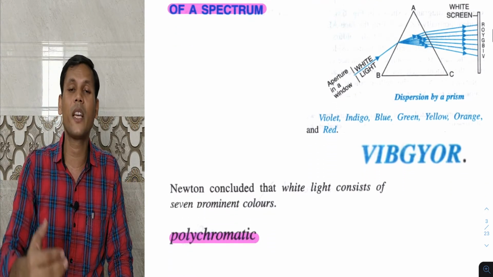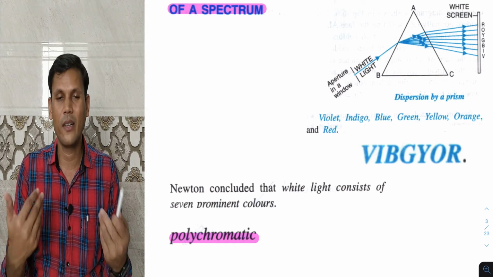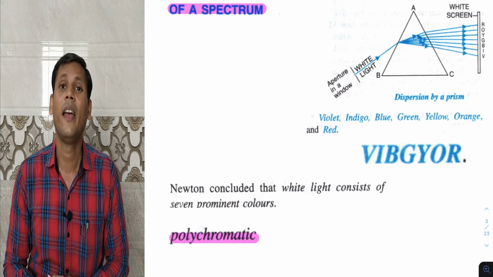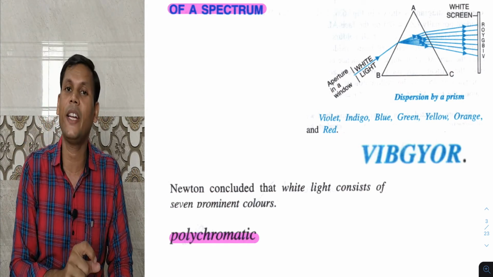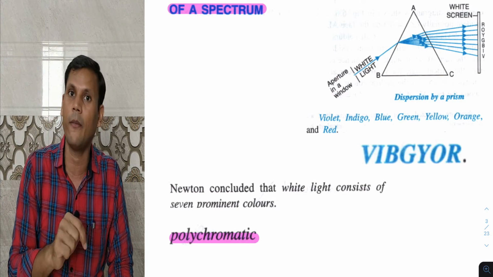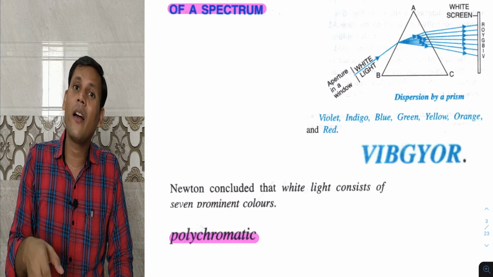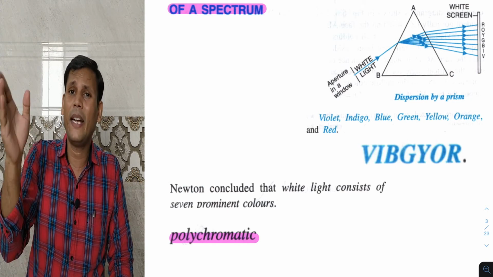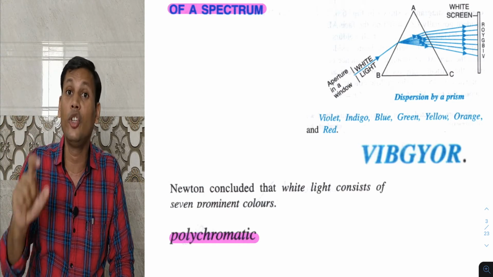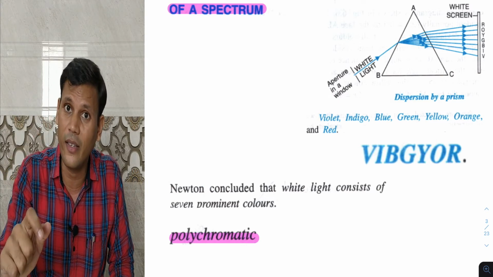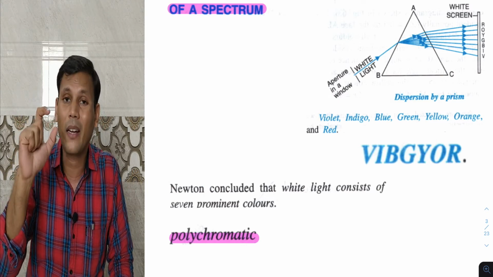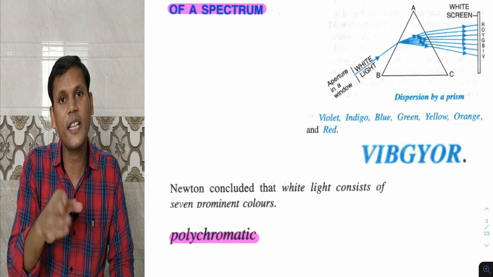Now one more observation you people must have experienced: if any white light is passing through the prism, then there is the spectrum, or we can say pattern of 7 colors, and that pattern of 7 colors is called spectrum. So what is the spectrum?